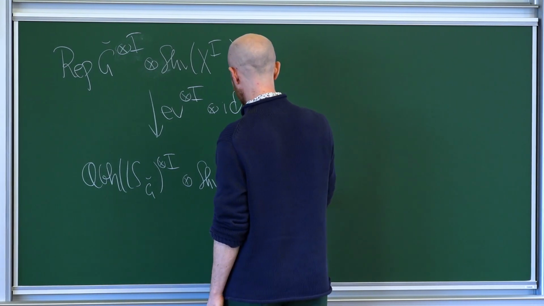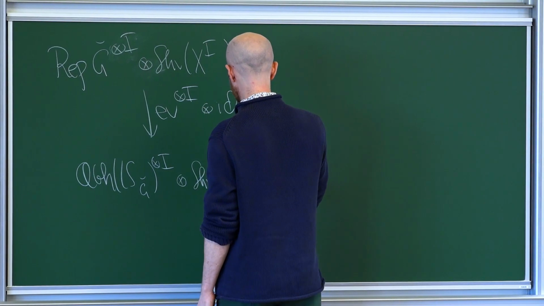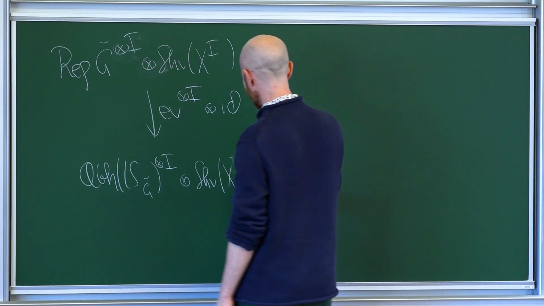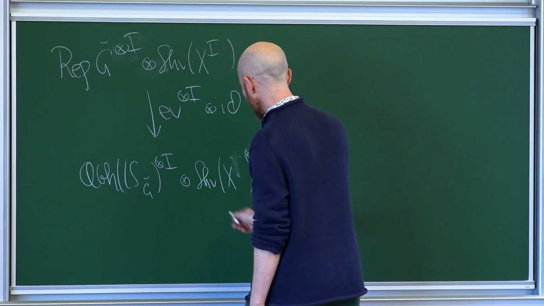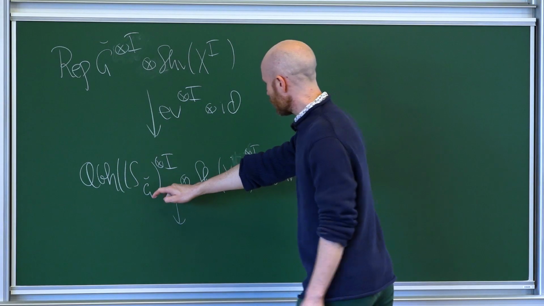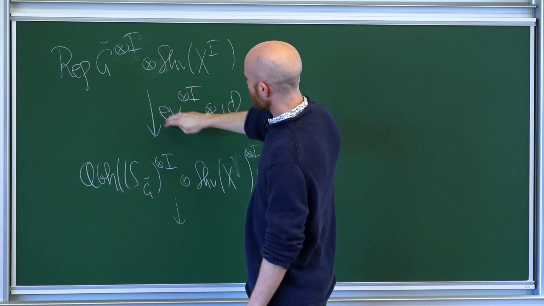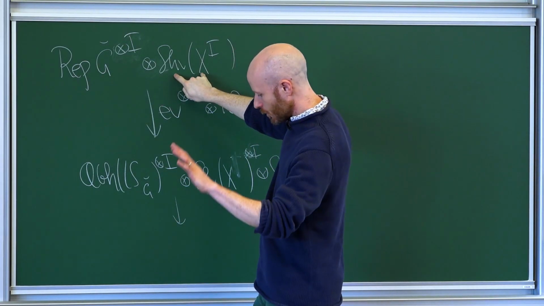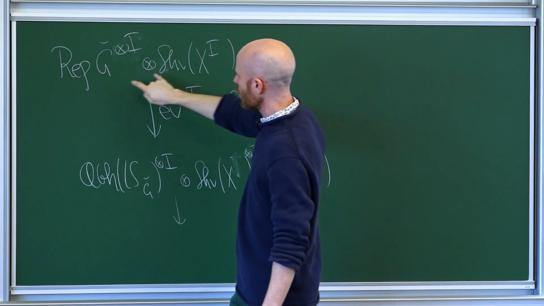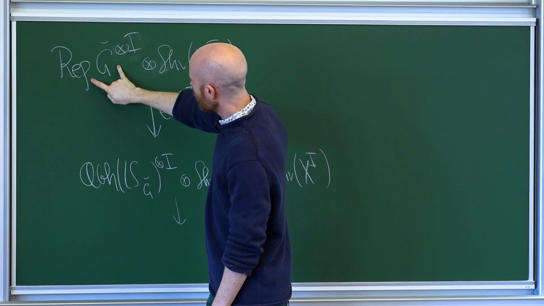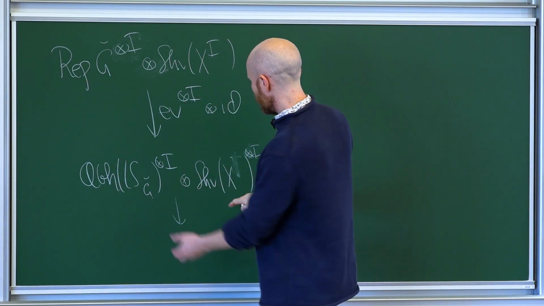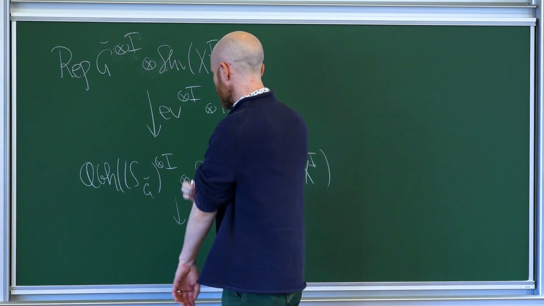It doesn't make a huge difference. Then what I can do, again, think of it as doing nothing along this factor, which was encoding the measure that I integrate along. And along this factor, I form the I-tuple of universal evaluation bundles.